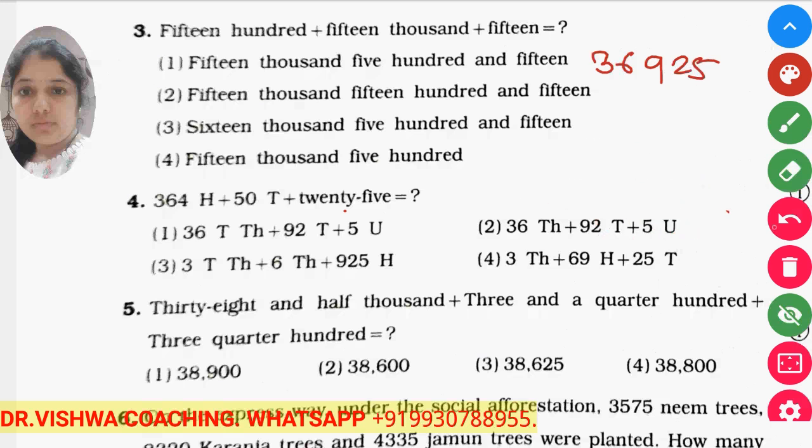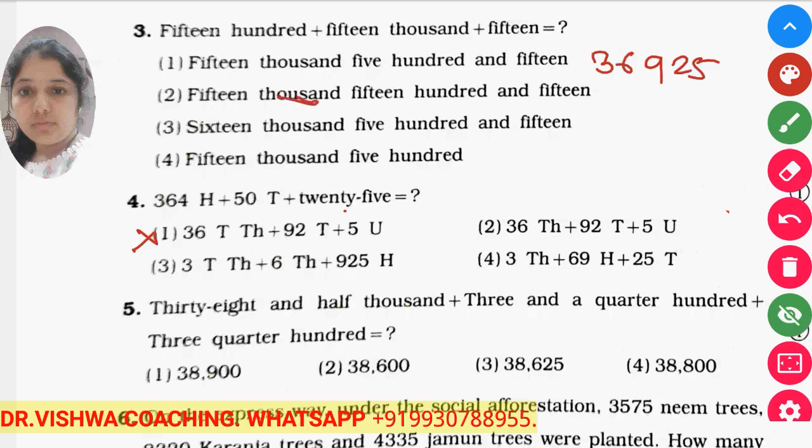The first option is 36, 10,000, 92 tens and 5 unit. But it is wrong, because we got the answer as 36,000, not 36 10,000.